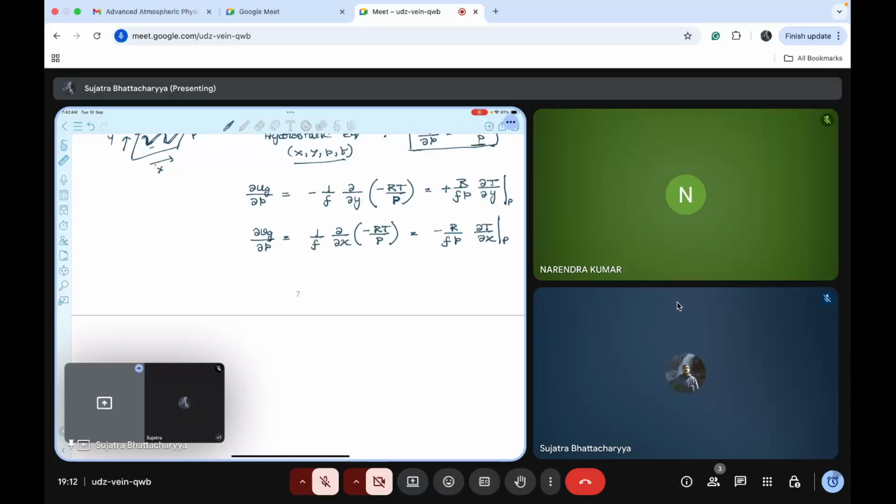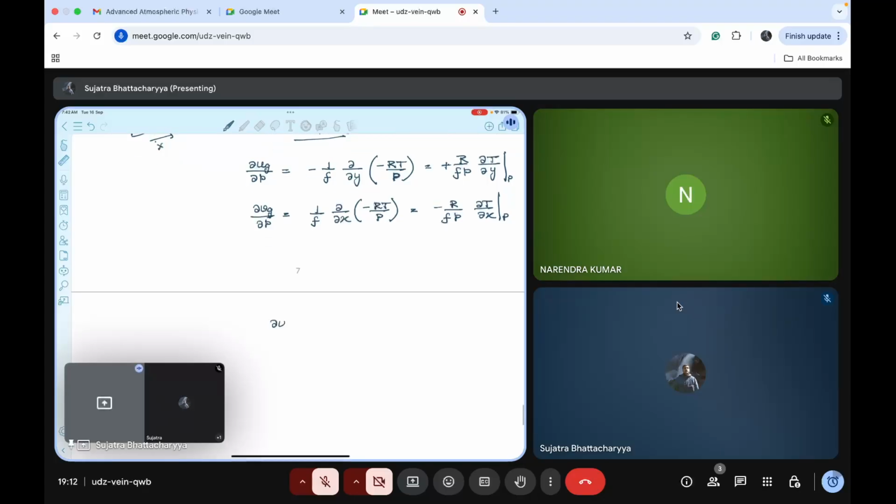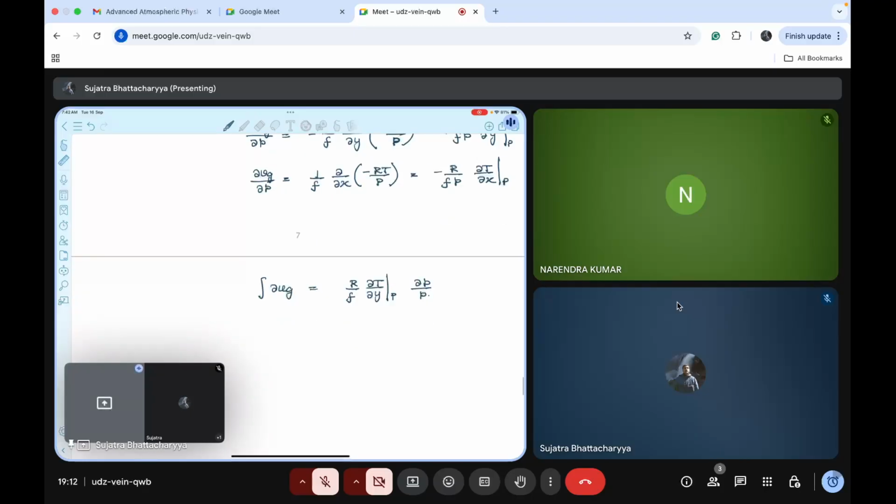Next, what do we do? Simple: delta Ug you keep here, and all other terms, R by f, delta T, delta y at a constant pressure, delta P by P. This can be written like this. Let us integrate both sides.